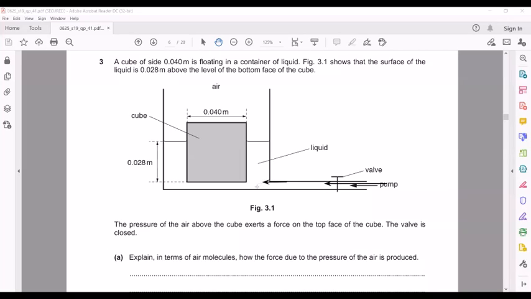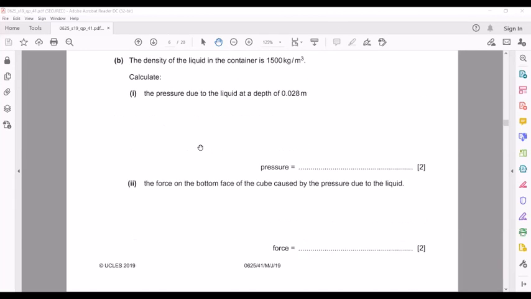So we have to provide sufficient energy so that we can lift the water as well, or we can lift the cube. It's not like directly lifting the cube. We have to lift two things. We have to lift the cube as well, and we have to lift the water. That's why it is not efficient, because our energy should be used only to lift the cube, not to lift the water. But in this process, we have to lift the water as well, or the liquid which is used here.